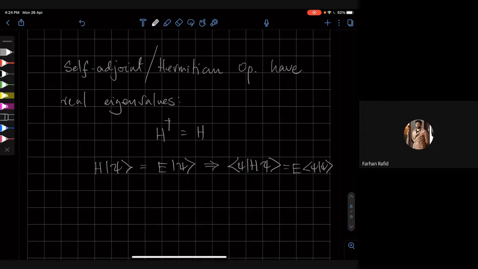So this equation leads to that equation. But I could have taken this equation and taken its Hermitian conjugate or adjoint. Then this equation would just give me this.